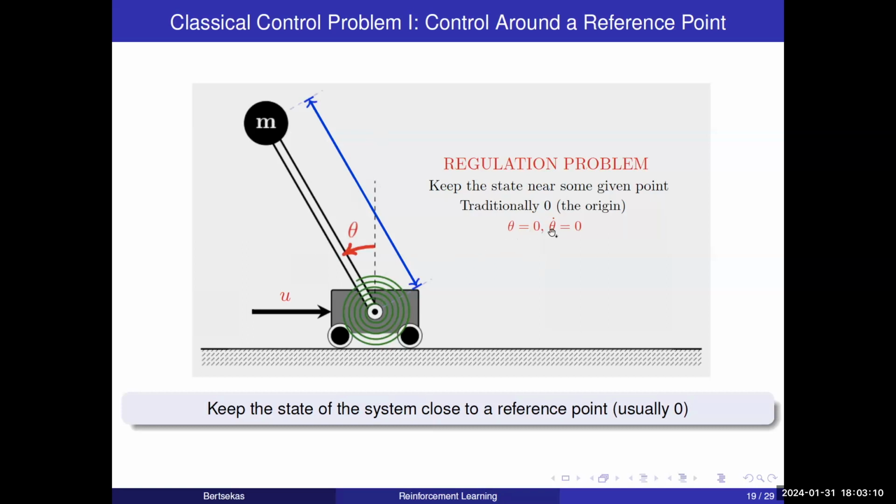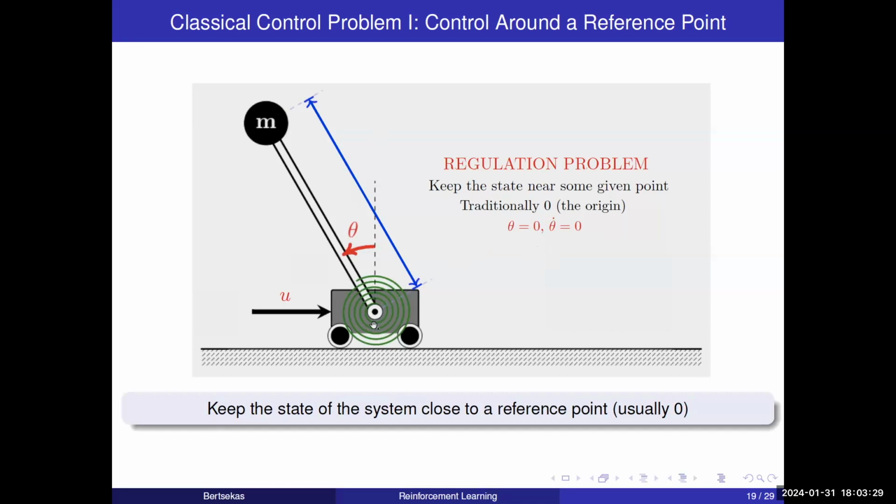Theta is a function of time. In this example, the system is continuous time, but imagine it as being discretized.